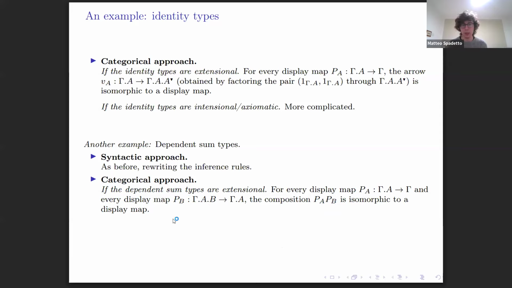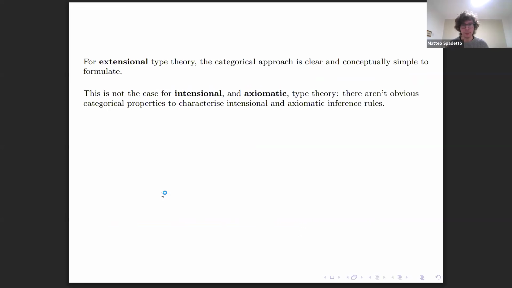Again, this condition is enough to reobtain choice functions as in the syntactic approach. But again, when we consider intensional or axiomatic dependent sums, things can be more complicated.